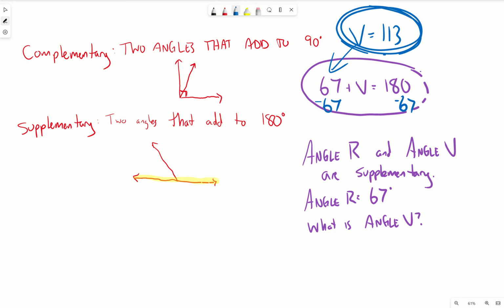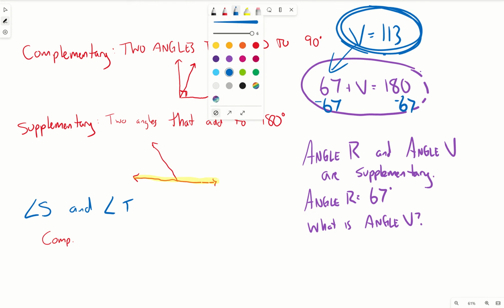Okay, if I have two more angles, angle S and angle T, side note, this little symbol here, these mean angles. Okay, so that's what those little symbols mean. Okay, angle S and angle T, and I know they are complementary.